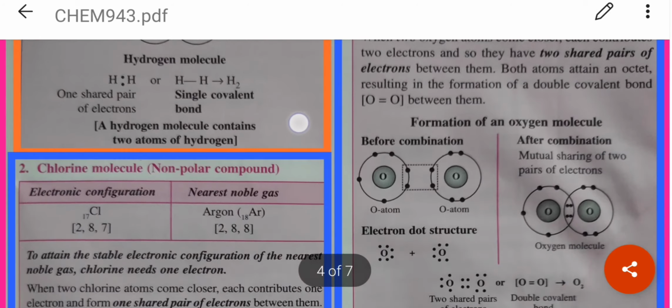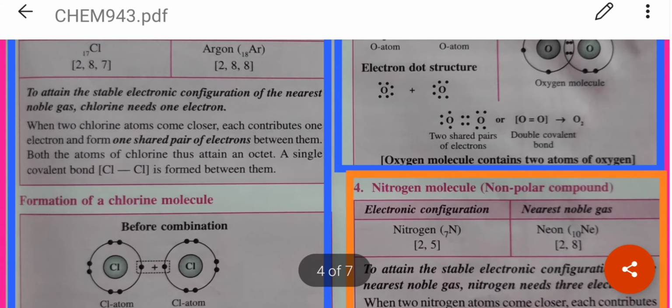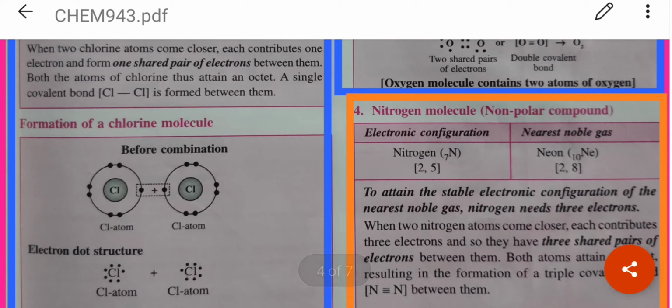Okay, now let's move to the chlorine molecule. Now what is the electronic configuration? 2, 8, 7. So it will become stable if it attains the electronic configuration of 2, 8, 8. So you can see here before combination, here also 7 valence electrons, 7.